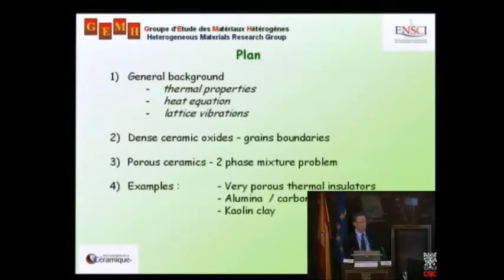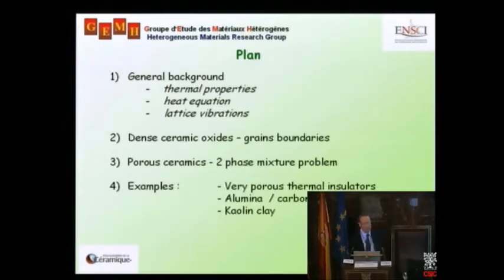I'm going to start with a little bit of general background on thermal properties, remind you of the heat equation, underline the importance of lattice vibrations for heat transfer in solids. Then I'm going to look at dense ceramic oxides and the role of grain boundaries.